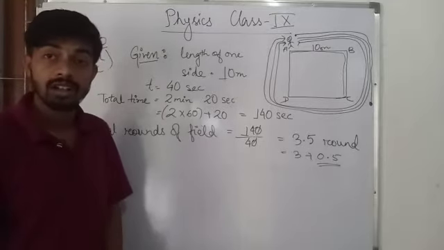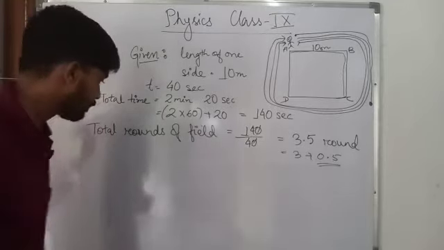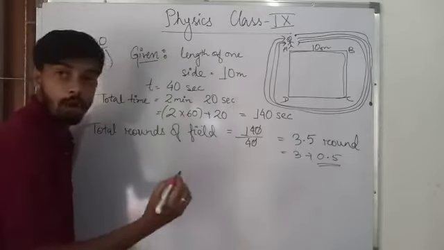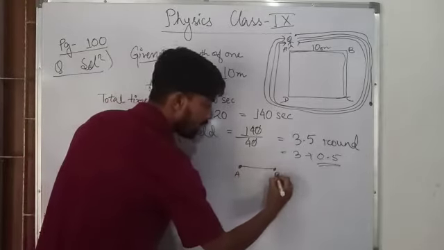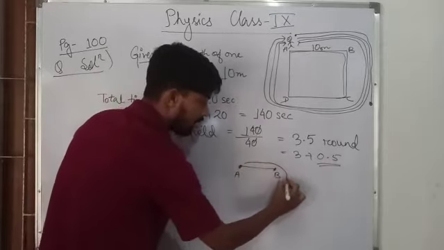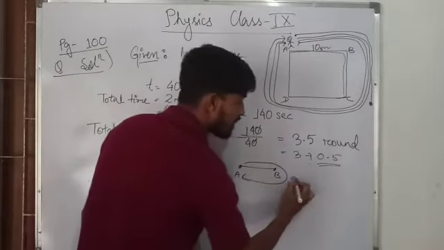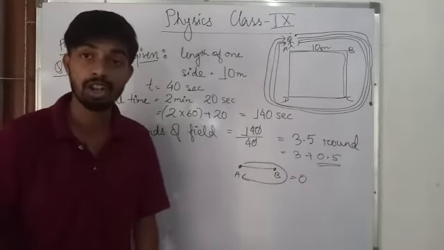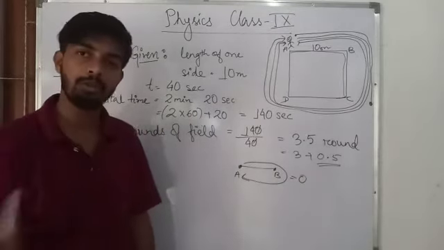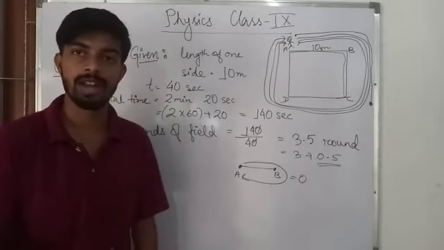So we learned in the beginning of the chapter, if an object is moving from A to B and coming back to A, the total displacement is 0. If the object is moving from its initial position and coming back to the initial position, the displacement is termed as 0.